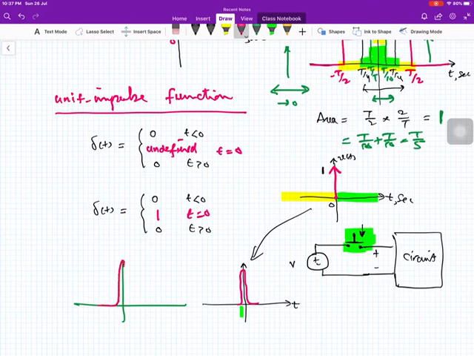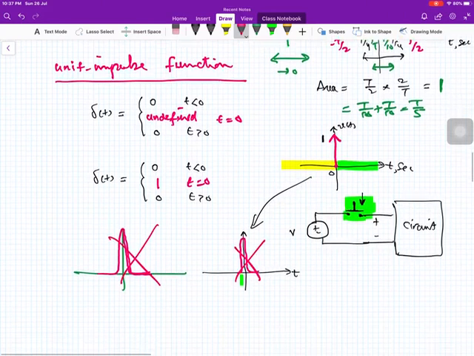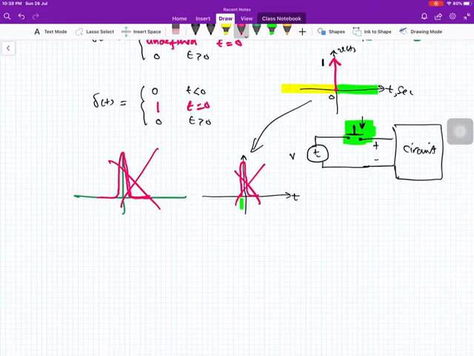But the mathematical representation of this waveform is complicated, therefore we don't use this in this course at least, and we consider a voltage of amplitude 1 when t is equal to 0.